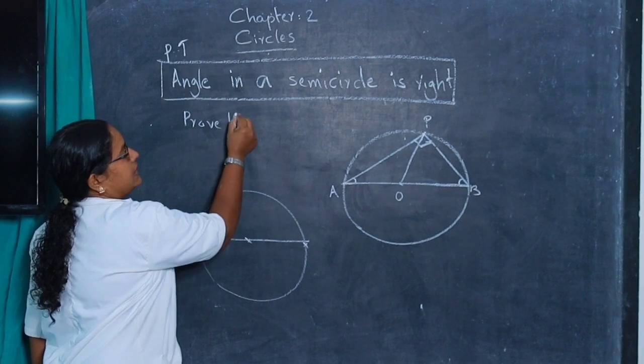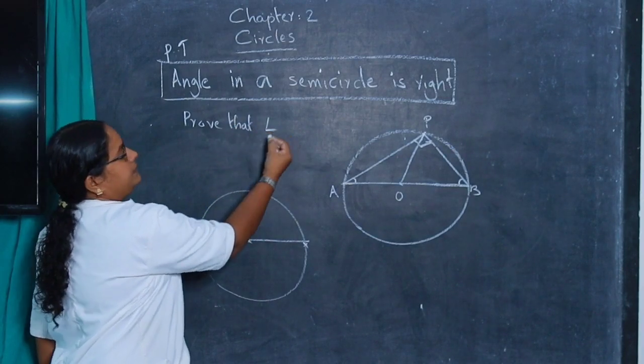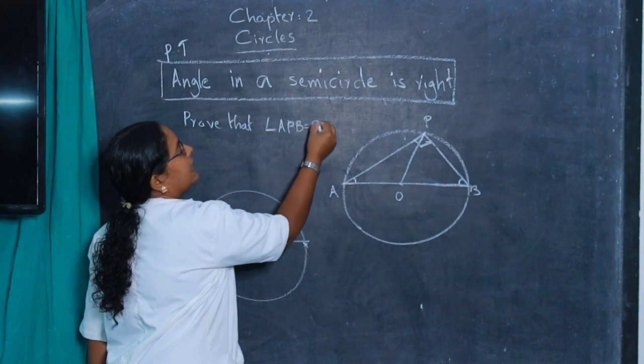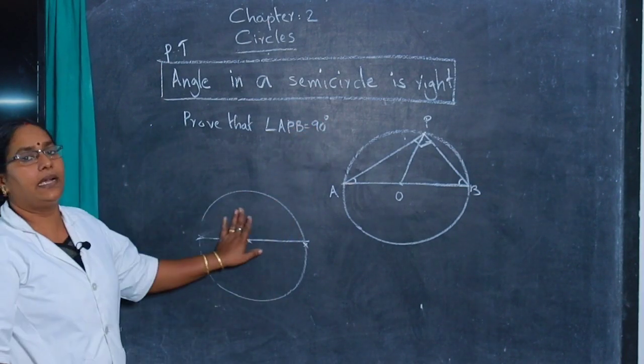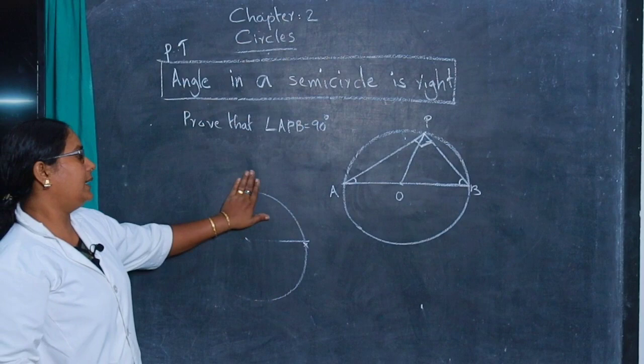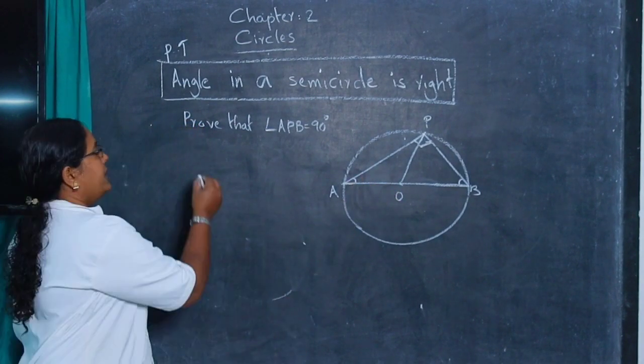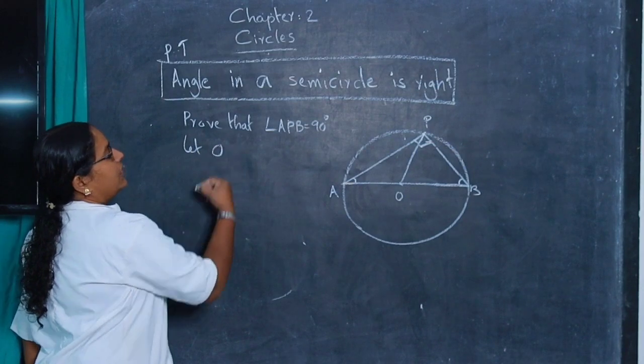What do we want to prove? Angle APB is 90 degrees.